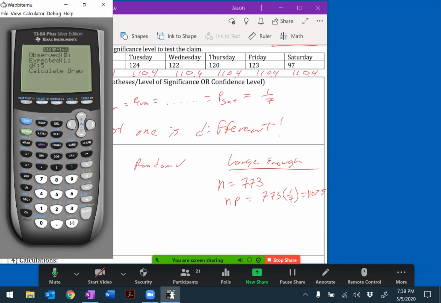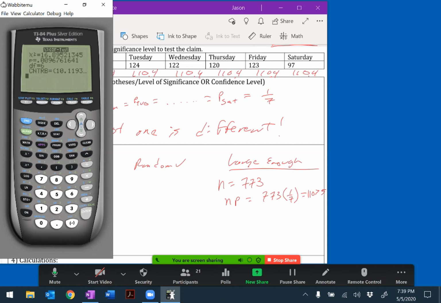My observed is L1. What's my expected? My expected is L2. What are my degrees of freedom? The number of columns minus 1. How many days in the week are there? There are 7 days in the week, so 7 minus 1 is 6 degrees of freedom.